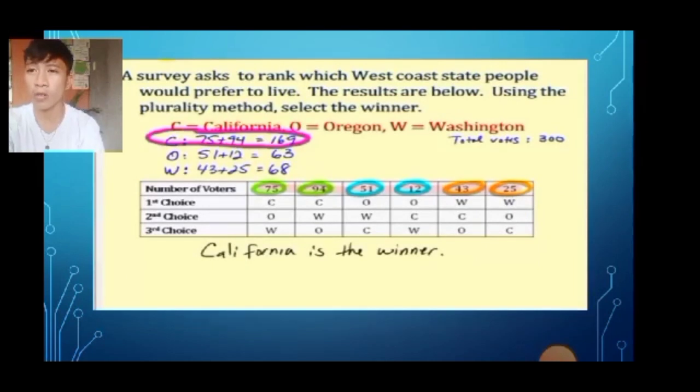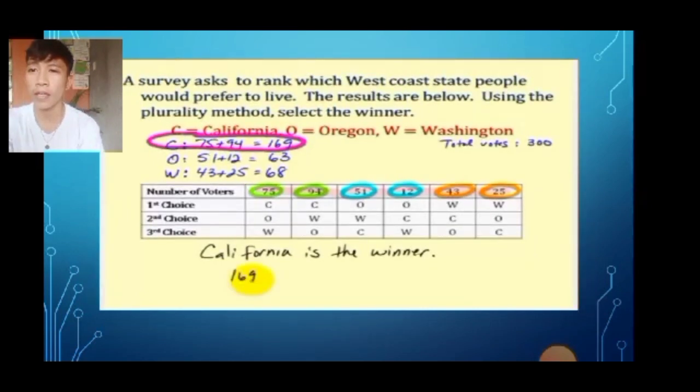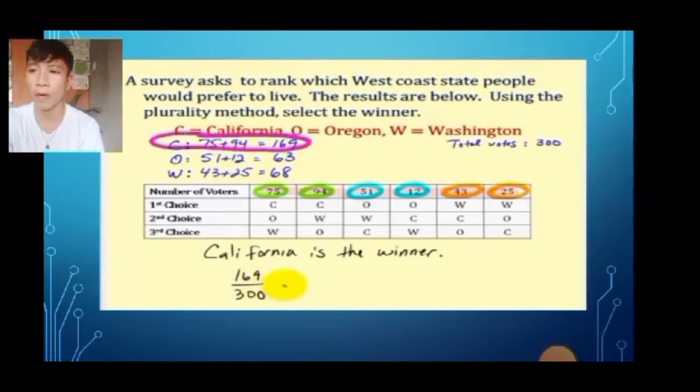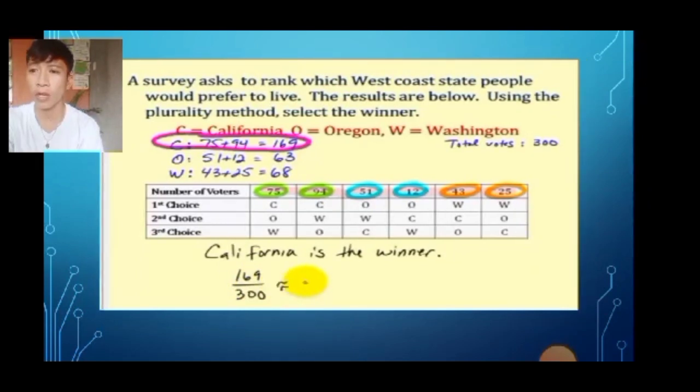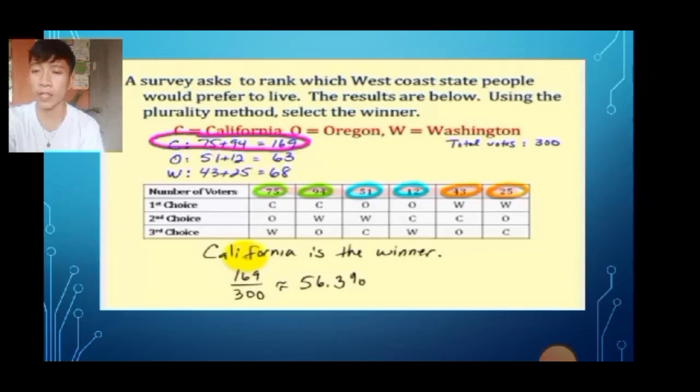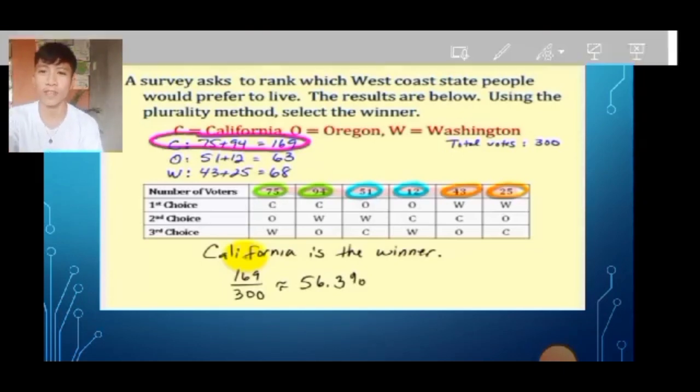So the most first choice voters is California. So California is the first choice winner. It got 169 over 300 voters, which equals 56.3%. So that's how to apply the plurality method. That's all.